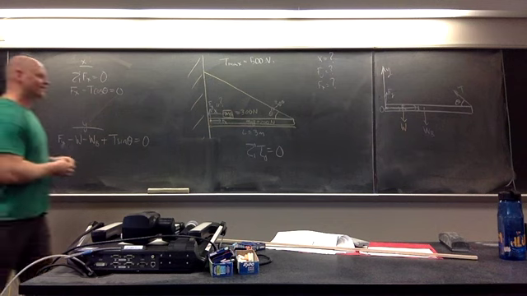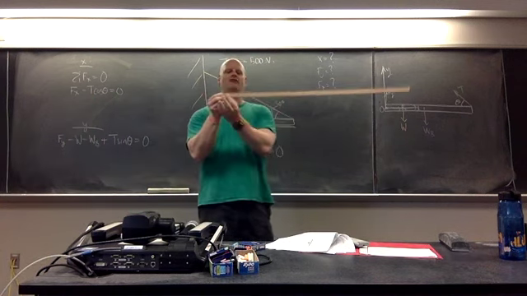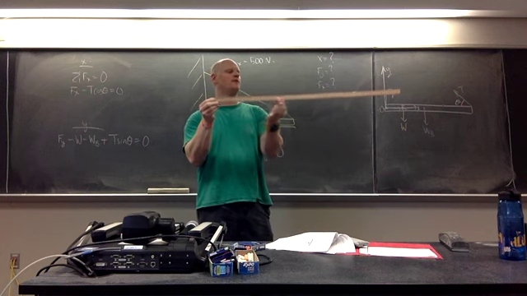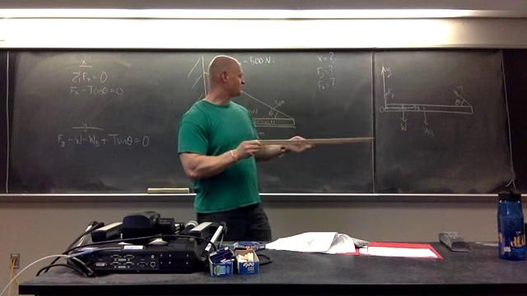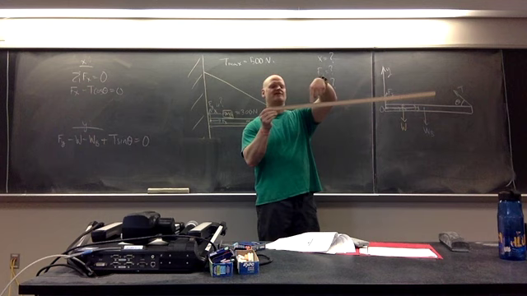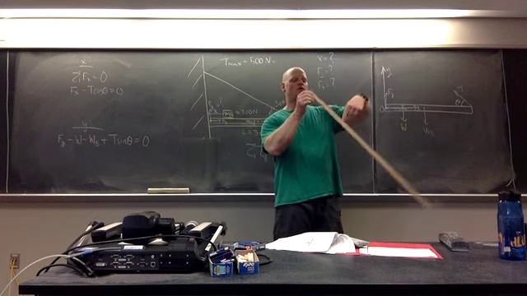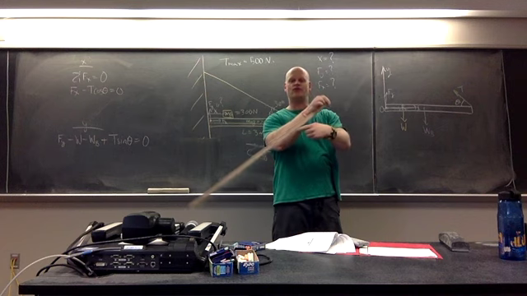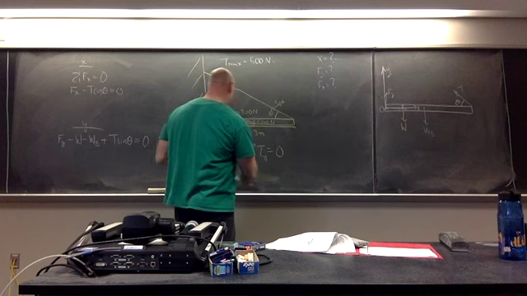Typically what I do is I start off at the pivot point itself, slowly move outward away from the pivot point, and then start simply writing down all the torques. So first, starting at the pivot point and moving out, the first one I run into is this guy, which is acting some distance x away, pushing down, which means he's going to rotate in the clockwise direction. Since he's rotating clockwise, this is a negative torque.